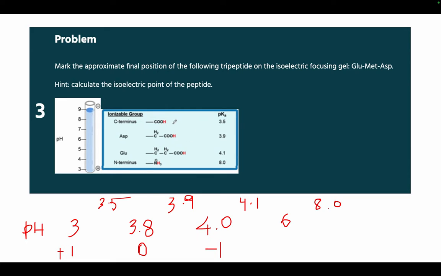So this peptide, glutamate, methionine, aspartate. Glu, Met, Asp.